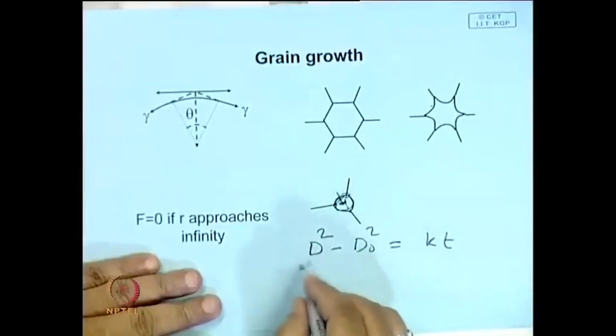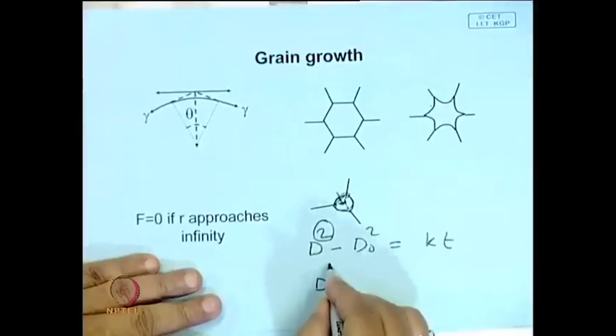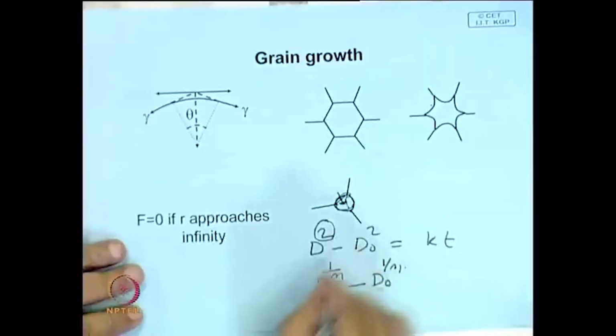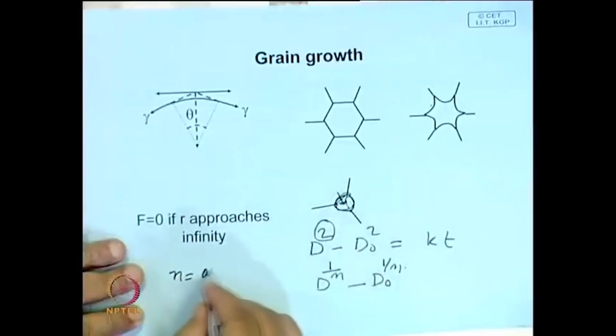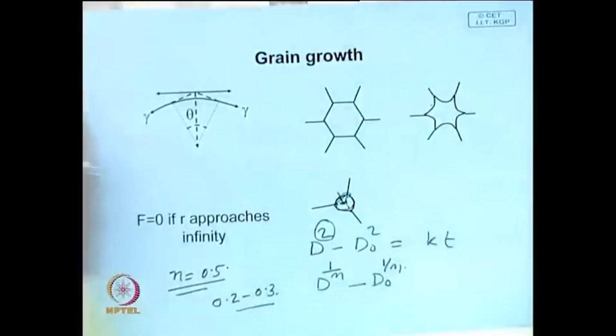In general, it has been found that this exponent is written as 1 over n. So to get 2, n has to be 0.5, but for most materials this may be around 0.2 to 0.3, it is not exactly 0.5.